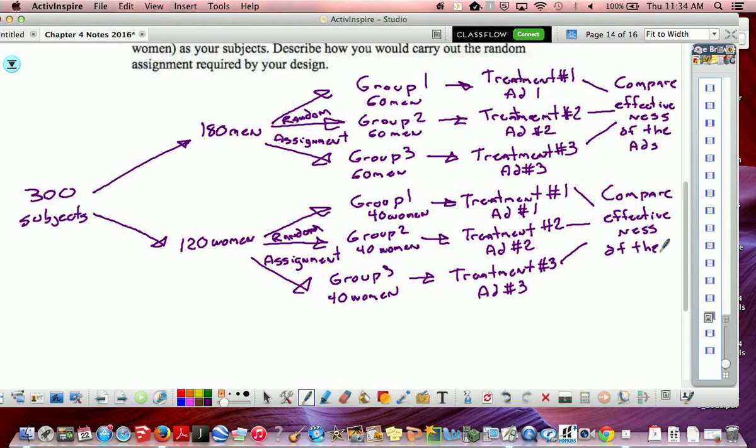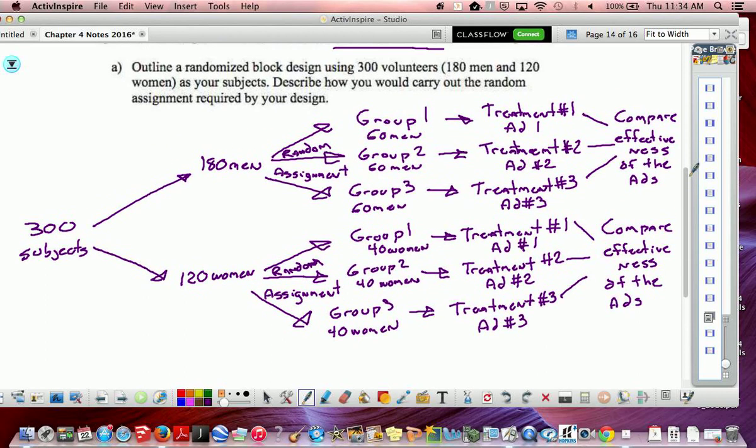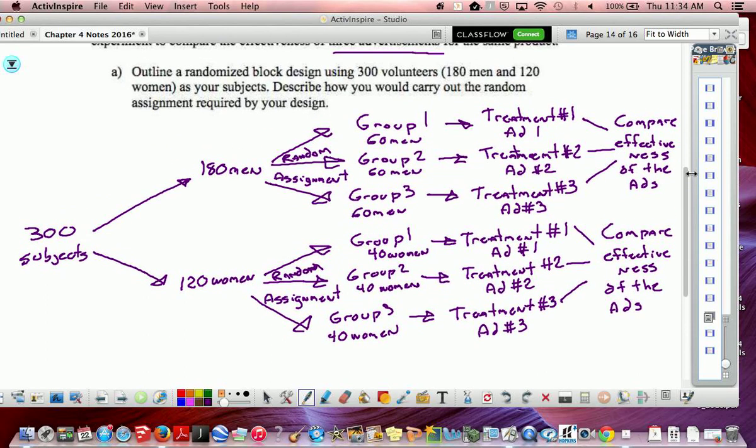So, it's really like block off. For instance in this question, it said specifically the word block. It said randomized block design. So I know I've got a block. Now the question becomes, what do I need to block by?